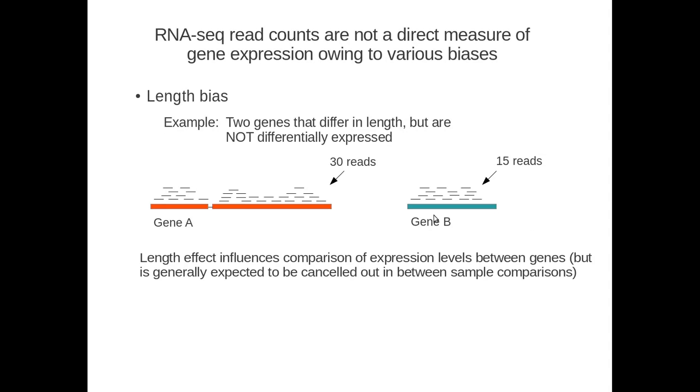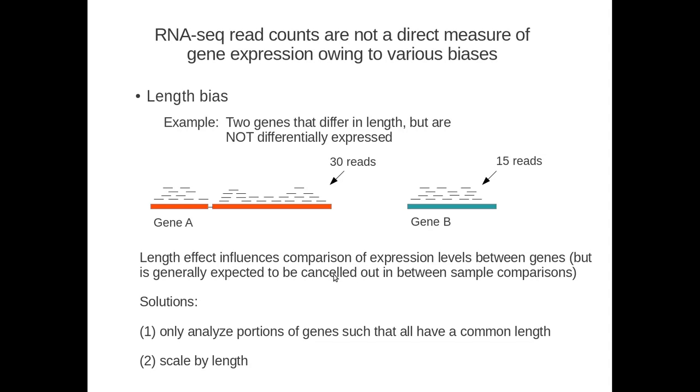But in any event, we do generally try to account for this obvious source of error in our normalization protocol. Although we generally expect that because gene A is what we're comparing between two samples, gene A is the same length in both samples, and therefore we anticipate that it should cancel out in between-sample comparisons.